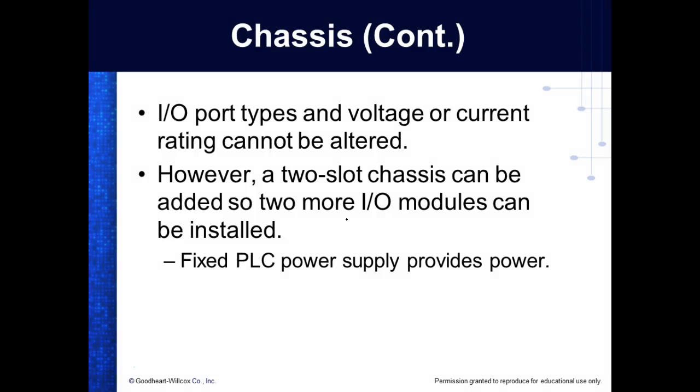So IO ports have voltage and current ratings. This is also true, especially on your output ports. Your output ports are not designed to drive high power loads. In fact, usually a rule of thumb, if you don't know, you need to look it up.